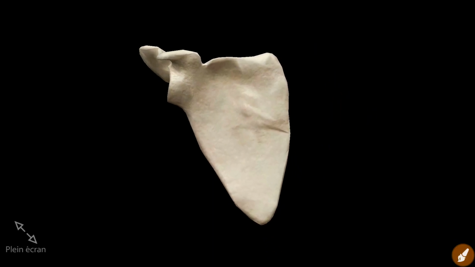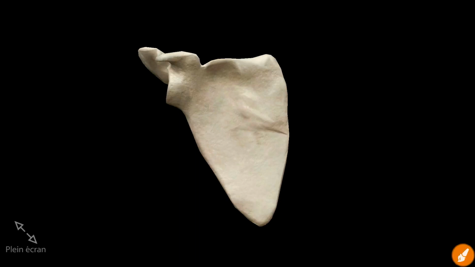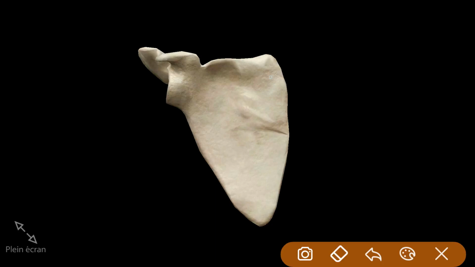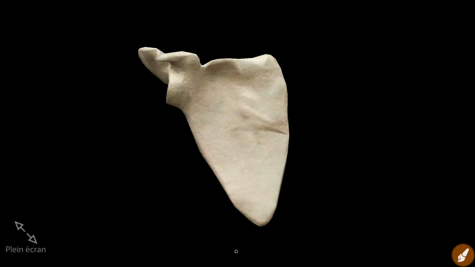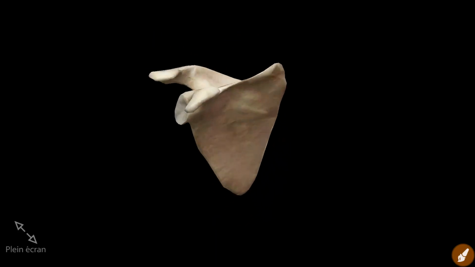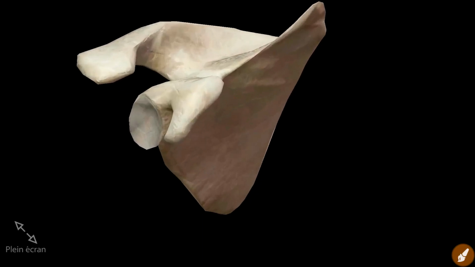As we said, the scapula has three different angles: the superior angle, which is almost right, the inferior angle, and the lateral angle, which is the most important. It contains, first of all, the coracoid process of the scapula.